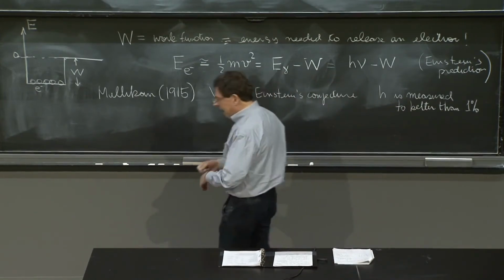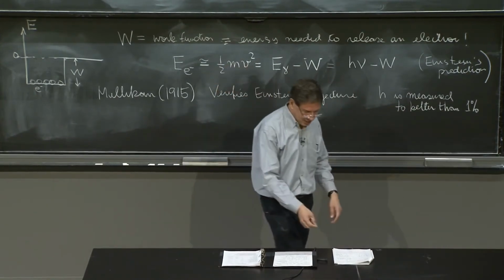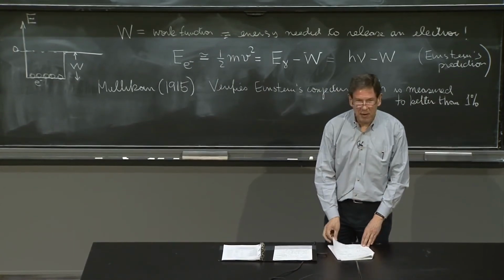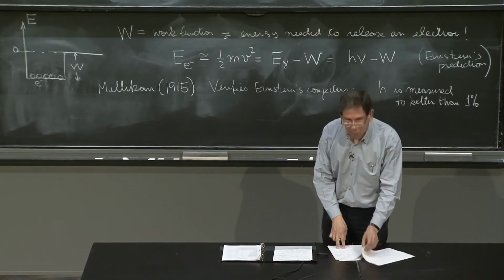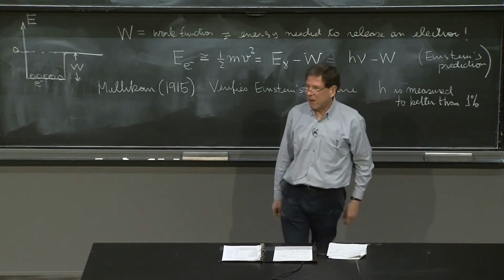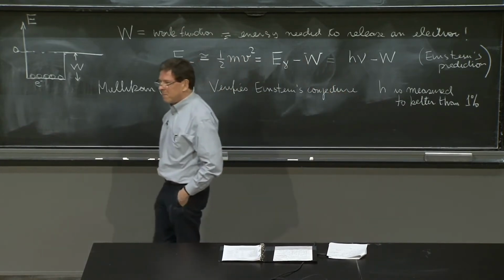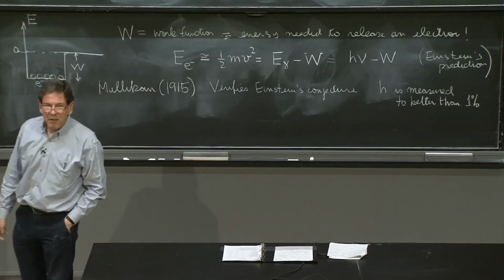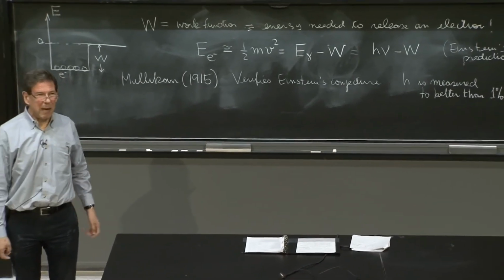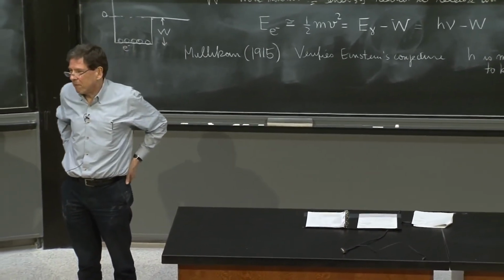And perhaps you would say, okay, so this is all wonderful. Now everybody believes in photons, but that's quite far from the truth. They didn't believe in photons too much because Maxwell had been too successful.